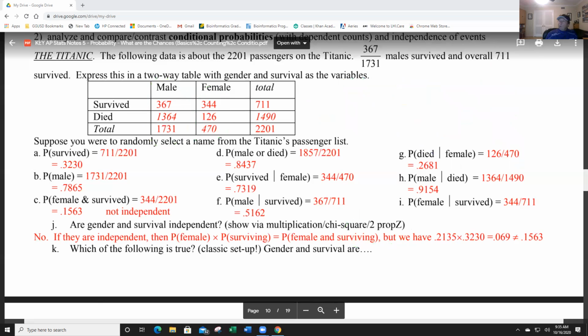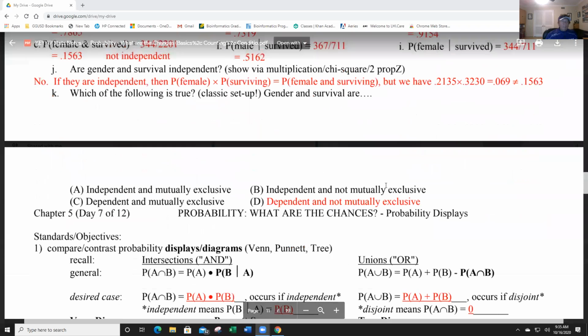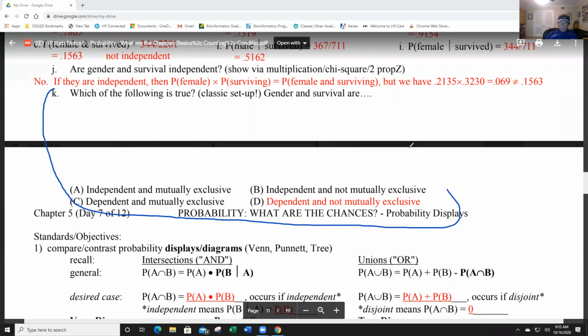Okay, the last one, I'll show you the answer here. Let me slide this thing down. It is our classic setup, and it's a little cut off here, but here it is.